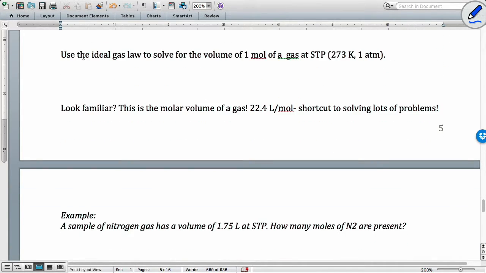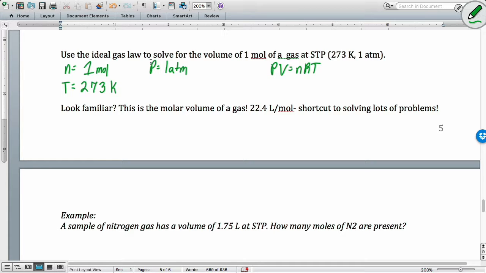So I want to show you guys something. Use the ideal gas law, PERV-NERT, to solve for the volume of 1 mole of gas, so n is 1 mole, at STP. Remember STP is a temperature of 273 K and a pressure of 1 atmosphere.